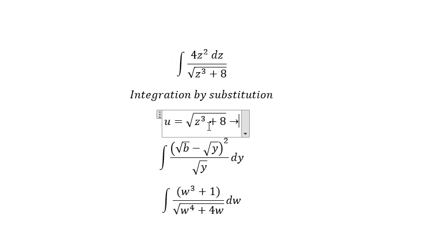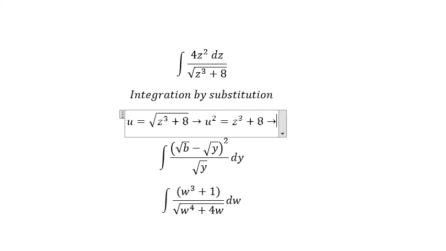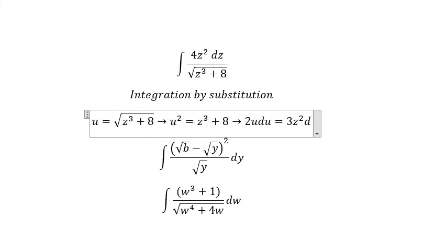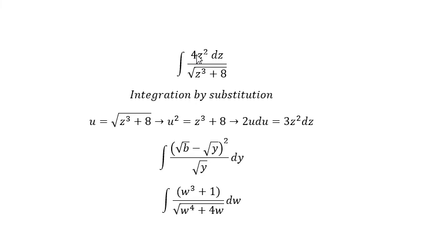So we put the square for both sides to cancel the square root. Next, we do the first derivative for both sides. So we have 2u du equal to 3z squared dz. Next, we don't have number 3 in here, so we divide both sides by number 3.